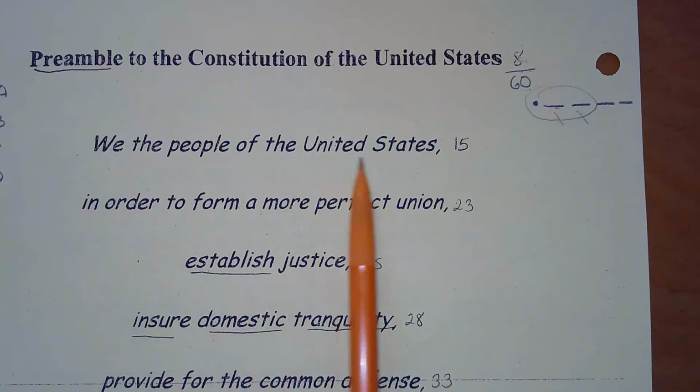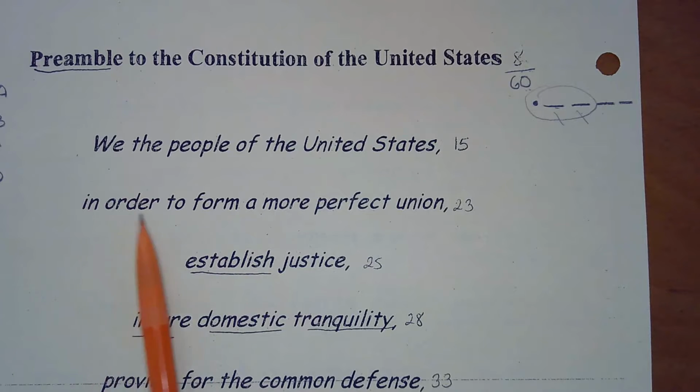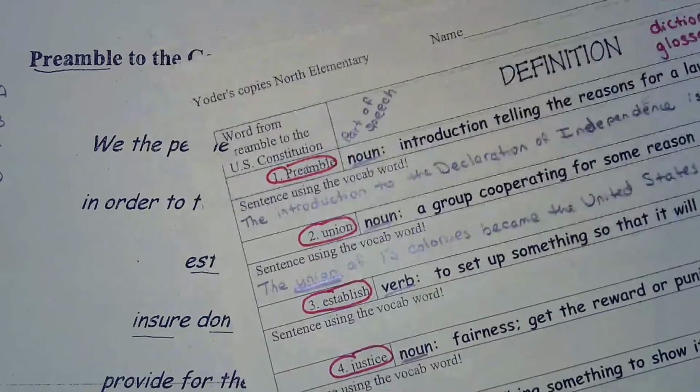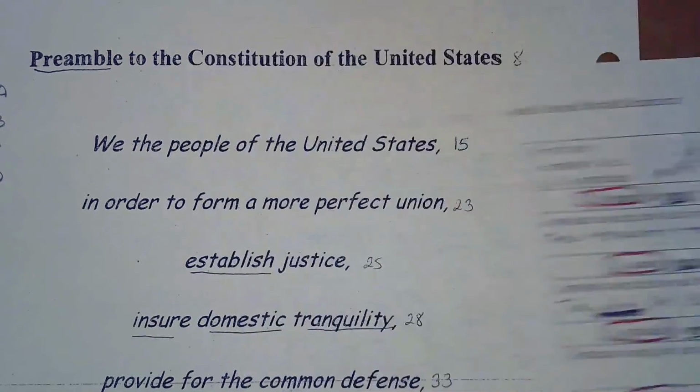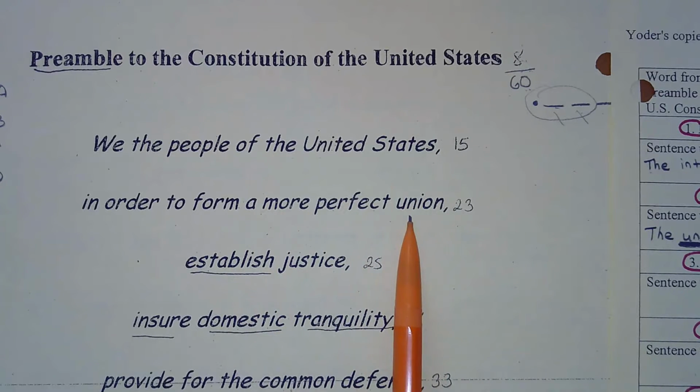We, the people of the United States, in order to form, okay, so here is why we are writing, in order to form a more perfect union. So us getting along, us cooperating as a group of states hasn't been going very well. We need to improve on that.